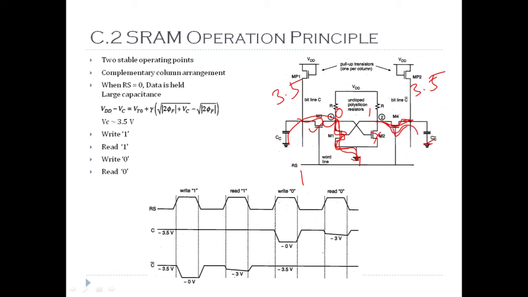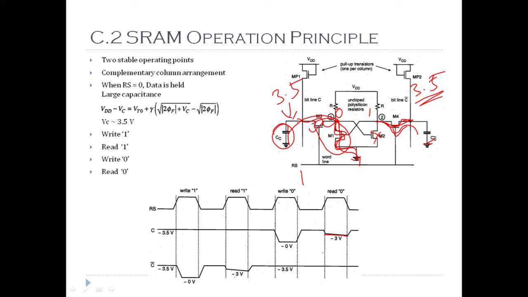Here, because the value of this capacitance is very large compared to the parasitic capacitance, its RC constant is very large. So it discharges by a very small amount, like 100 of millivolts. So VC drops by a small value. It gets approximately changed to 3 volt, and this retains the value of 3.5 volt.